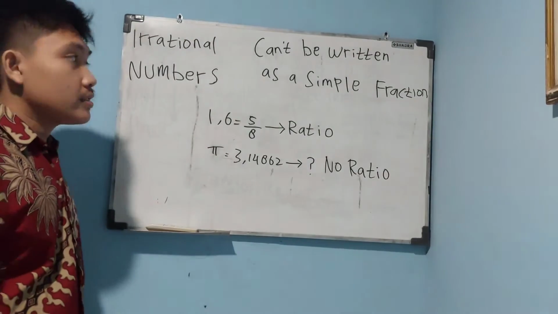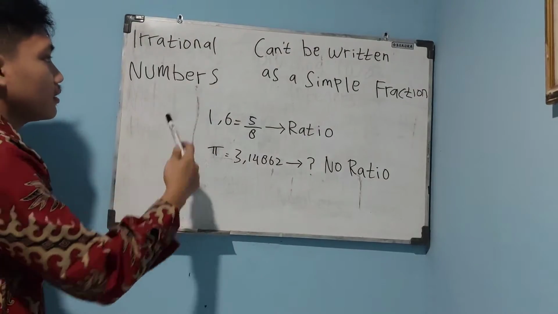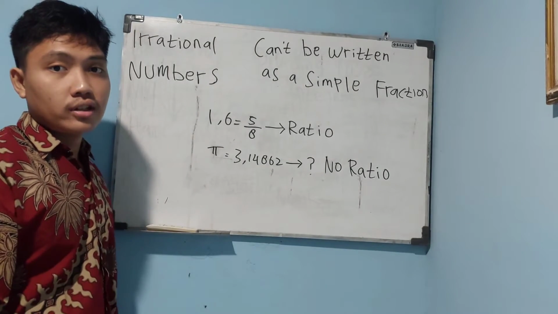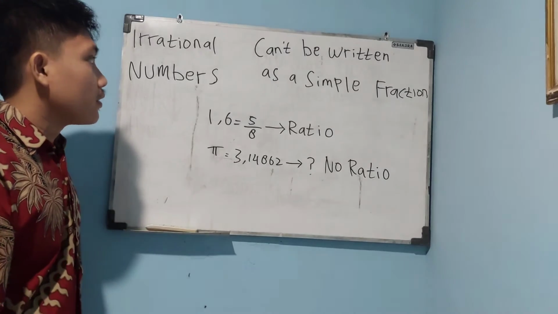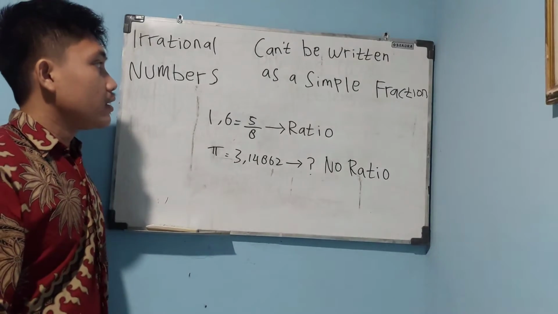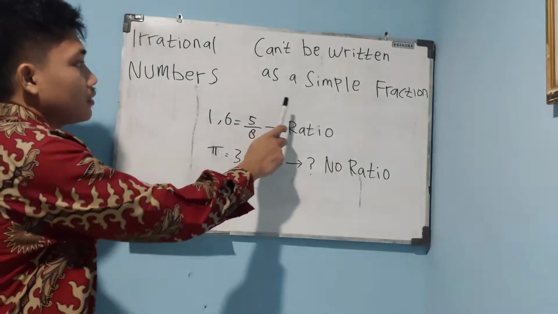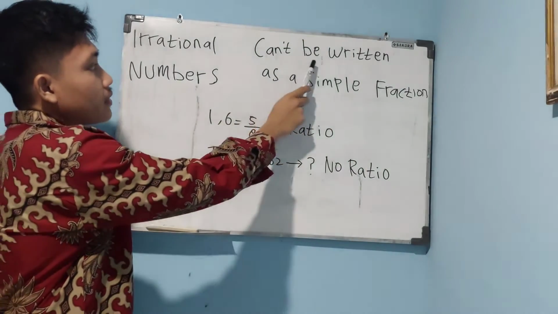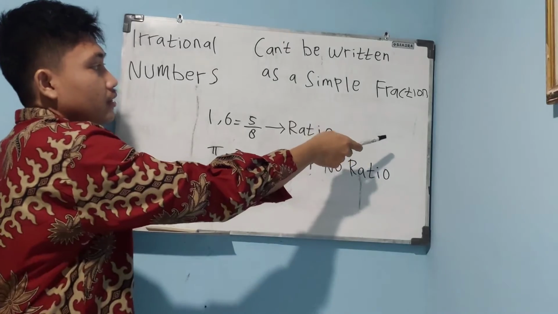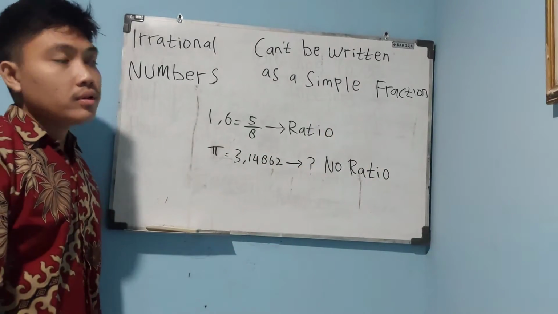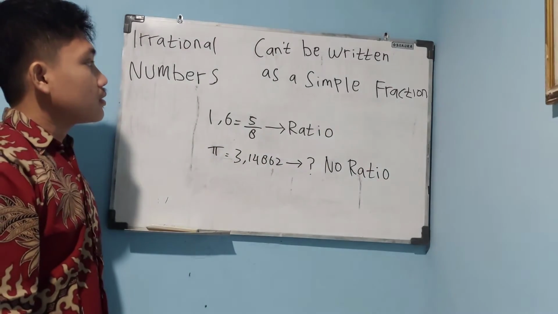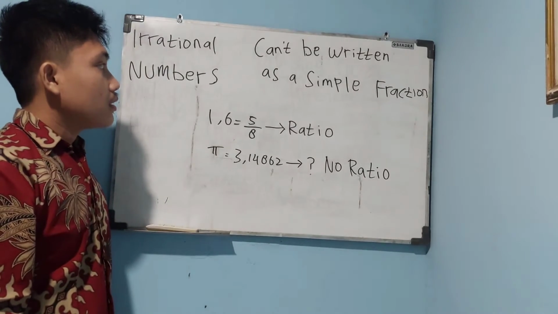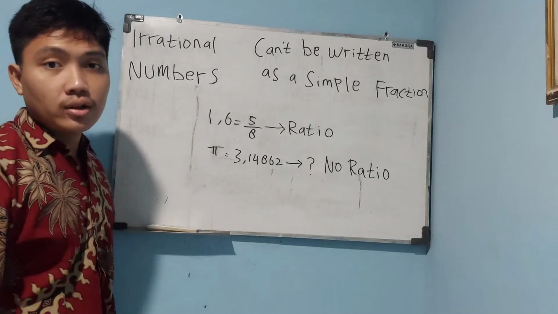And next is irrational numbers. I think it's totally the same as rational numbers, but it has a difference. The difference is in the simple fraction, because irrational numbers cannot be written as a simple fraction. Rational numbers can be a simple fraction in a ratio.